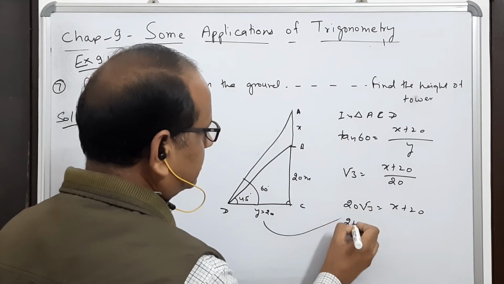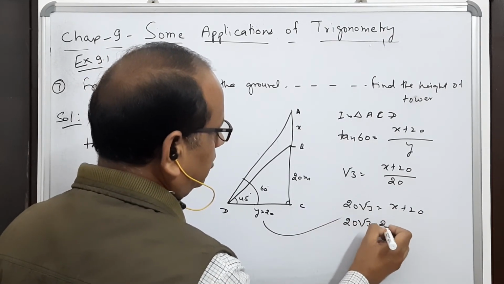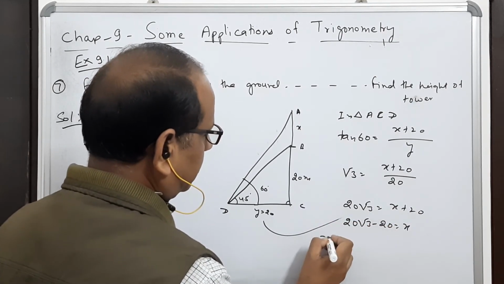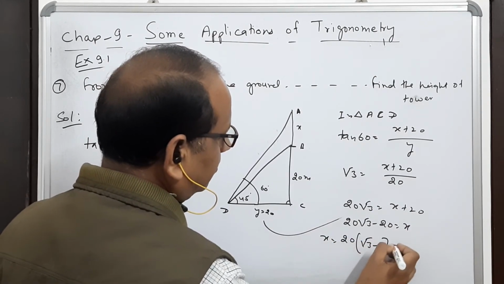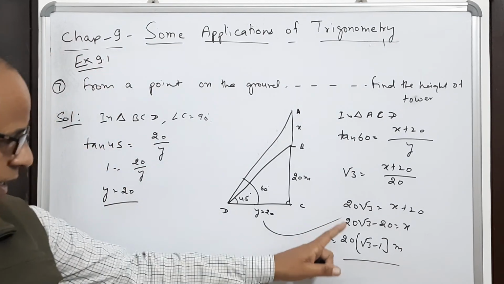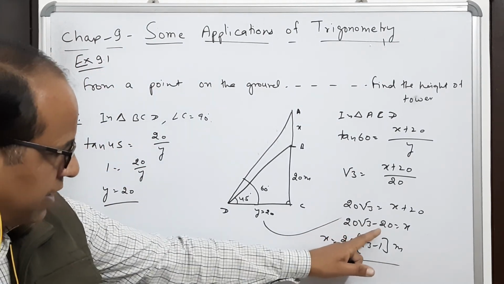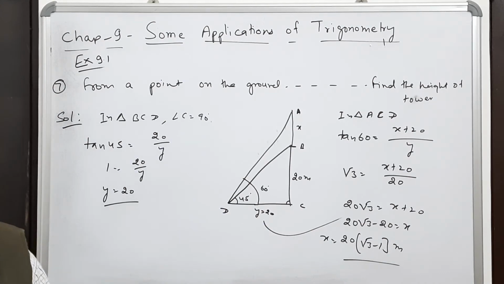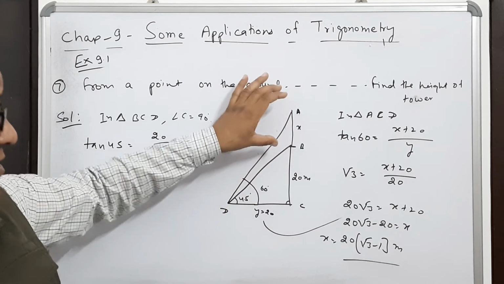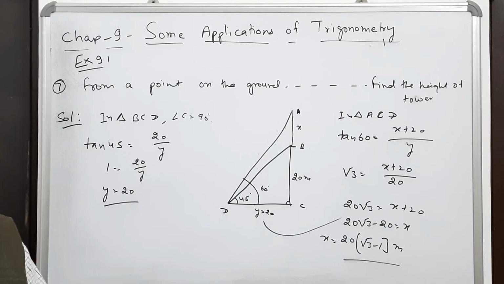Transfer the 20 to this side, so x equals 20 root 3 minus 20. And further, if you want, you can take 20 common, so it is 20 times root 3 minus 1. So this is the height of the transmission tower, which is fixed at the top of the building.